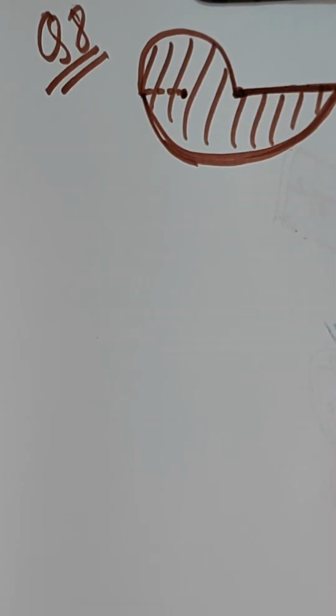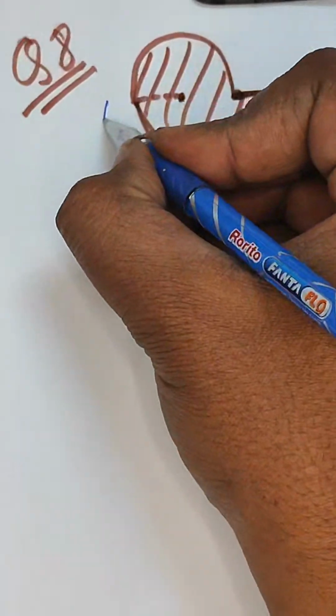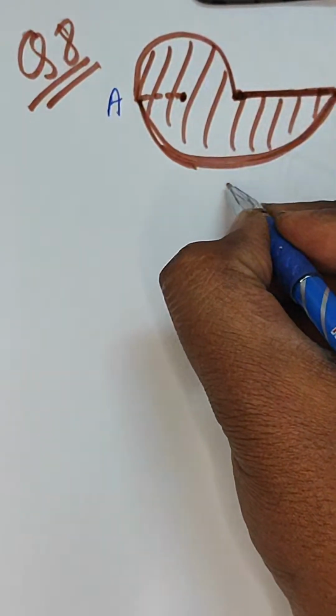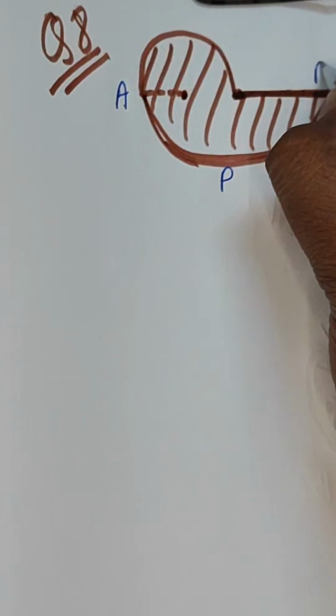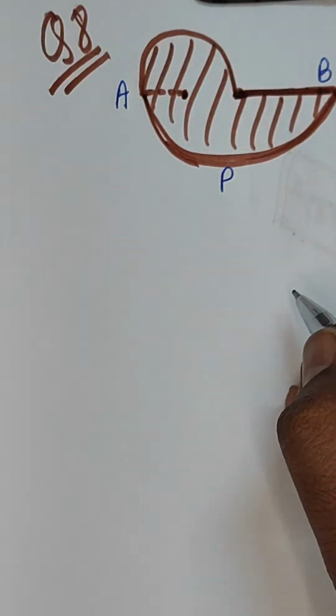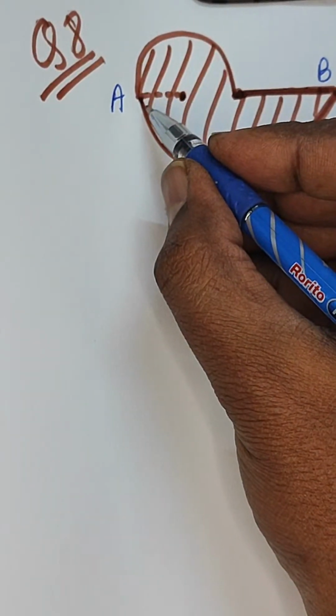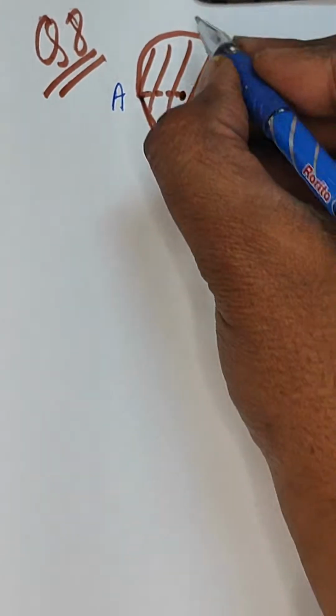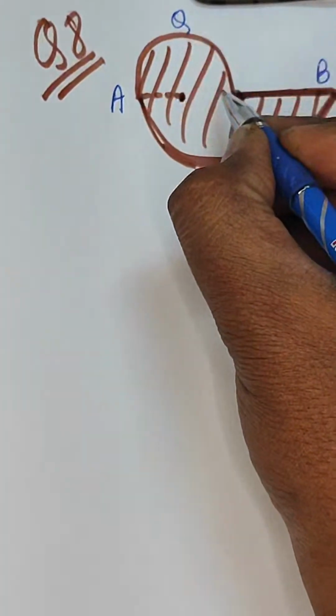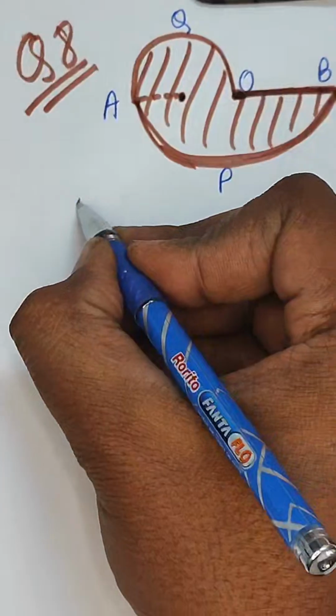Now it's given that APB and AQO are semicircles. It's given that A, P, B, APB is a semicircle, and AQO, this is Q and this is O.